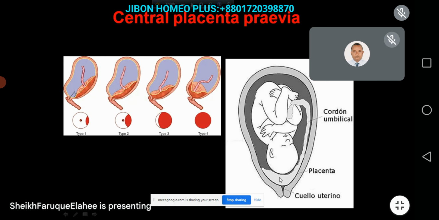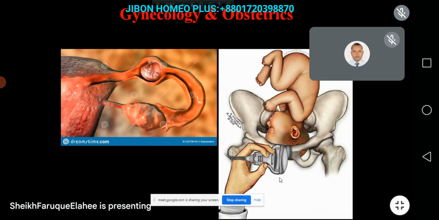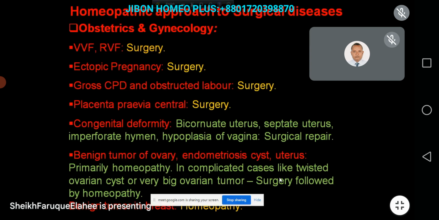If you see this is placenta previa, this is not a case for a homeopath. You just refer the case to a gynecologist. Now let us see more cases. If it is central placenta previa, there is no place for homeopathy. This is purely a surgical case.